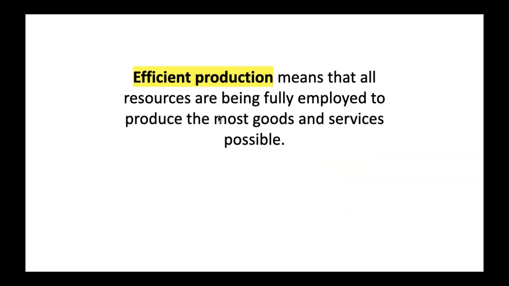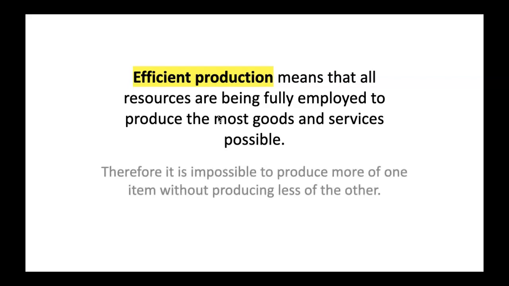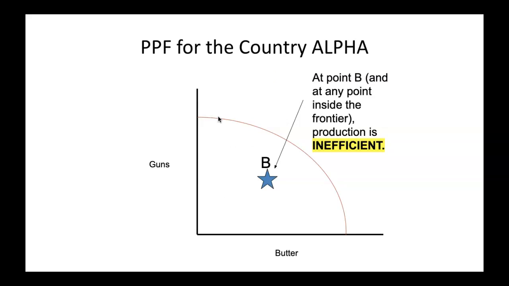And so efficient production means that, and this goes in your study guide, all resources are being fully employed to produce the most goods and services possible. That's what efficient production means in terms of economics. Therefore, it's impossible to produce more of one item without producing less of the other. And we'll get into those trade-offs in a minute.